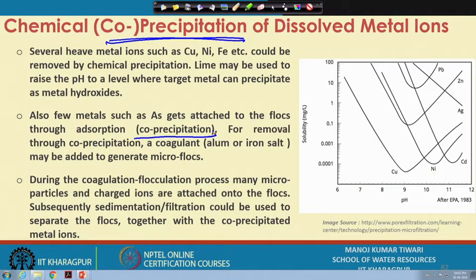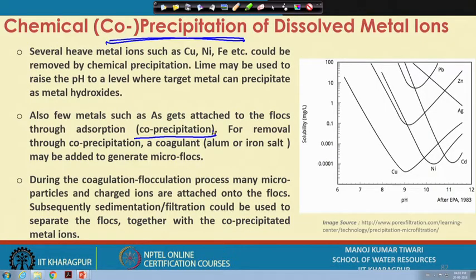They do not precipitate as a hydroxide, but they get adsorbed on a precipitate of some other, let us say iron or aluminum hydroxides, and that is how they are removed from the system, because when they adsorb on the precipitate and those precipitates settle, along with them these metals also settle. Okay. So, for removal through co-precipitation we must add a coagulant, which will generate microflocs, and on the surface of these microflocs these particles will settle down.